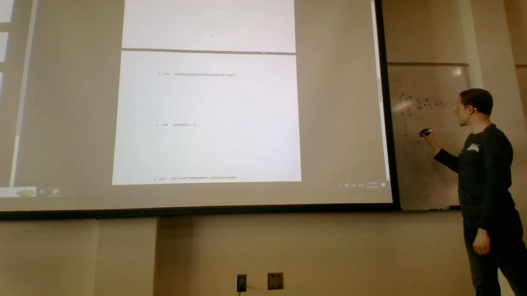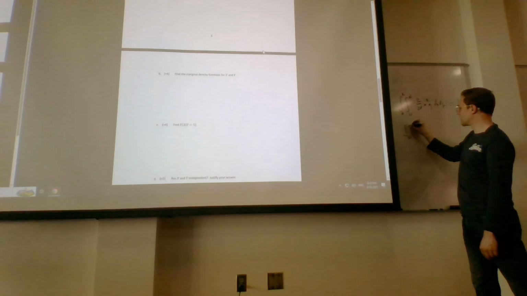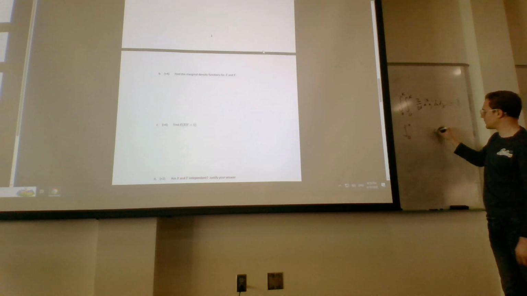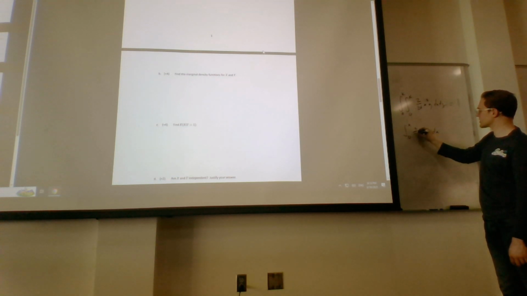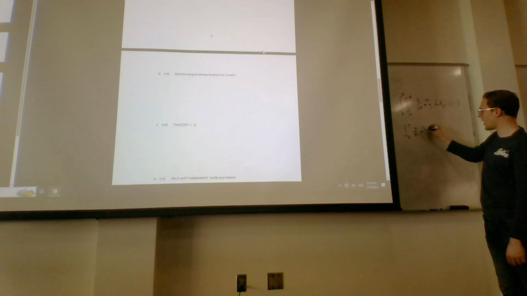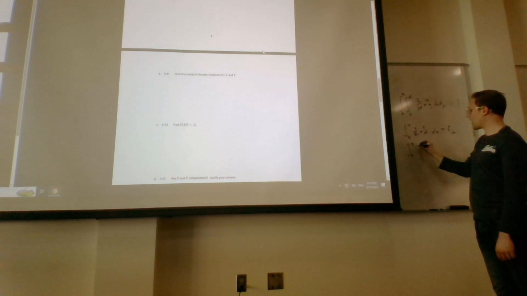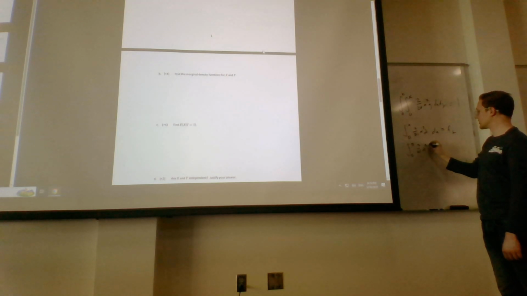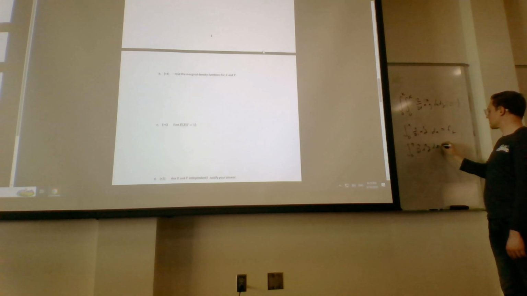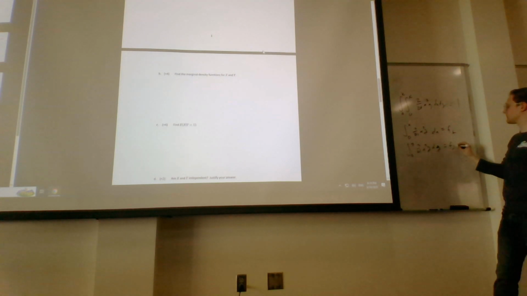So you would integrate from 0 to x of your function to get the marginal density for y, and you would integrate from 0 to y to get your marginal density for x.